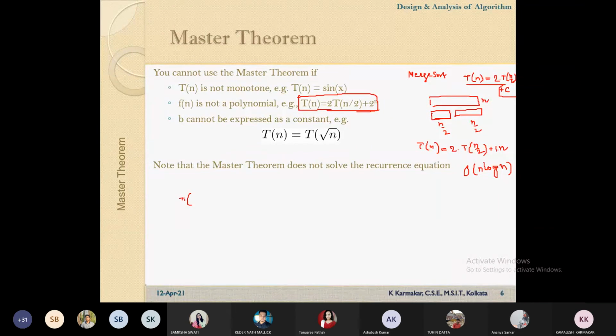T of n equals 2 into T of n by 2 plus 2 to the power n. What will be the complexity of this function?